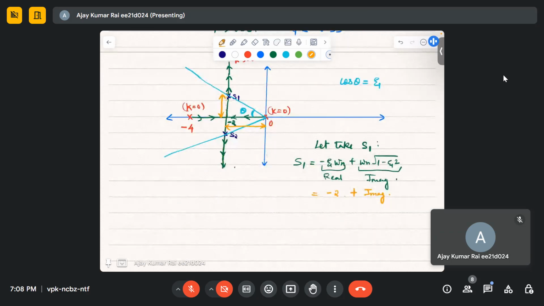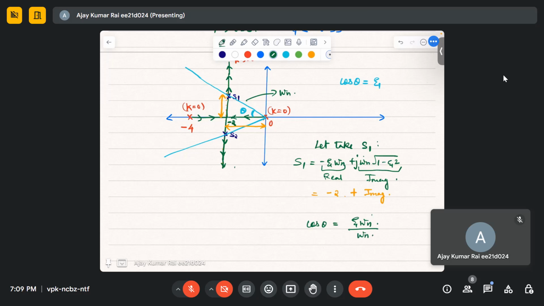And how do we get this angle? If you use S1, cos of theta is equal to the real part over the hypotenuse, which is the magnitude of real part and imaginary part, equal to omega n.